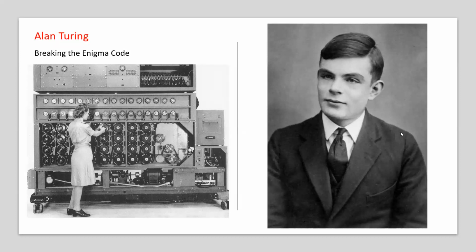And he broke the Enigma code. And almost single-handedly, he was able to turn the tides of war. He was instrumental in contributing to Allied victory. So yeah, mathematics and pattern recognition can change the course of history.